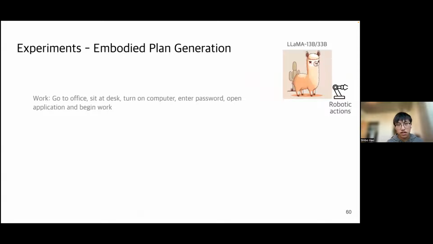And the third domain is embodied plan generation, where the task is to generate a sequence of instructions that can be executable for an embodied agent, given a high-level goal. So if we directly prompt the language model with some in-context learning examples, as done in some baselines, apparently there will be some problems.